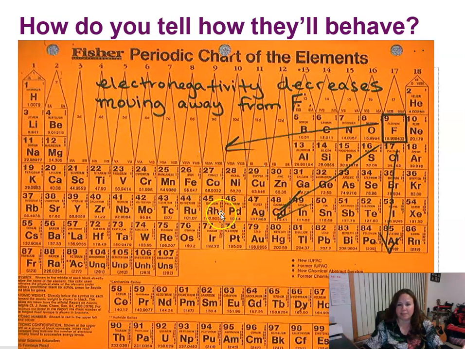Alright, some other things for review: the proton number is the one up here in the upper corner. So for instance, for sodium, its proton number, also called atomic number, is number 11. There's 11 protons in sodium. Then, if it's a neutral atom, it would have the same amount of electrons as protons, so the same amount of positives as negatives.